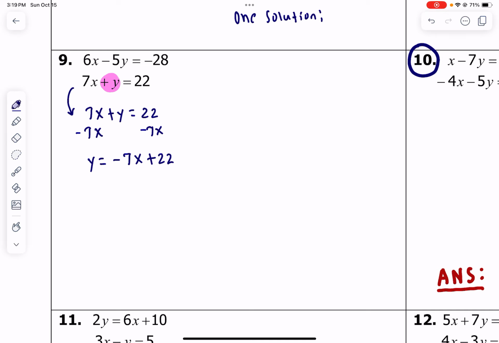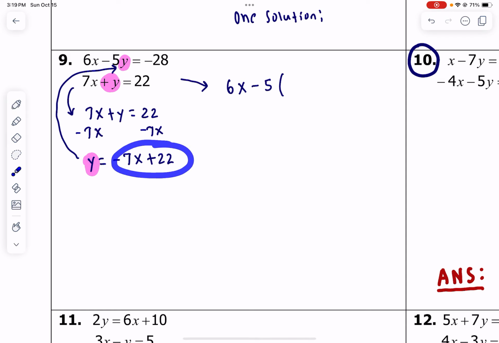Now that we know what y is equal to, we can substitute in this y into the first equation they give us. So that would look something like this. 6x minus 5 times y. We solve for y, which is negative 7x plus 22.